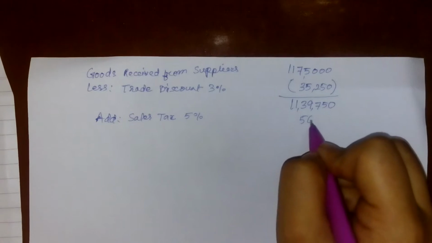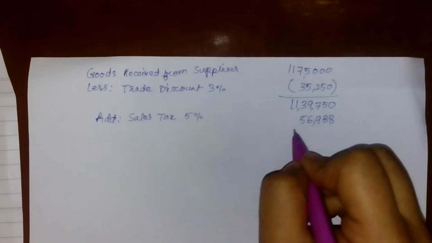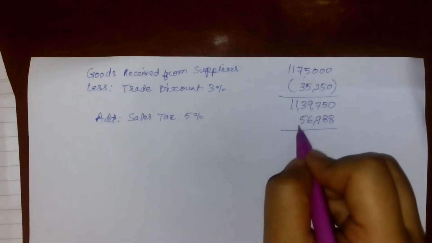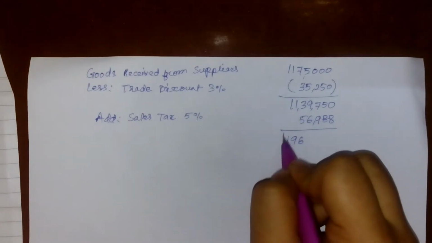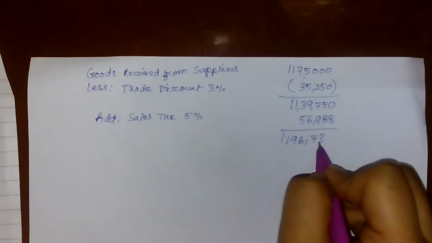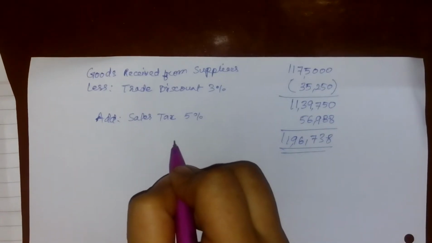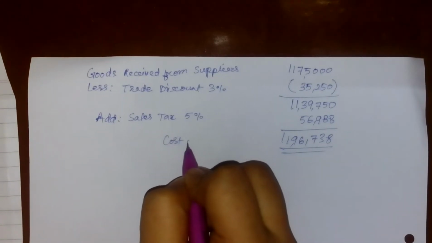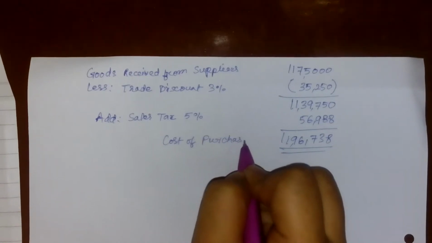So that is 56,988, 5% of 11,39,750. So this is equal to 11,96,738. This is my cost of purchase.